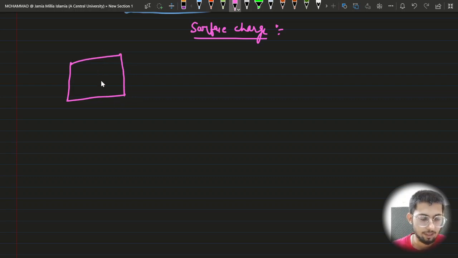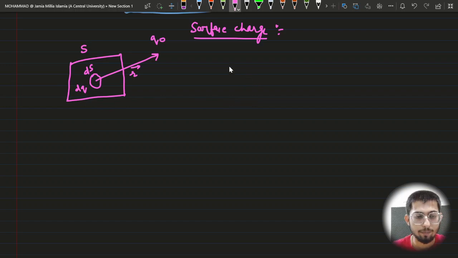It has a length and a width. That's why it's called a surface. And in this case, let us assume another point at a distance r. In this case we assume this as s, and this small surface as ds, small charge as dq.